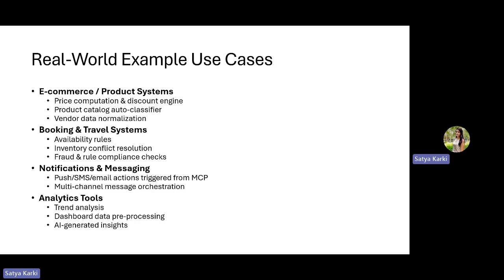Additionally, we can use it for multi-channel message orchestration. Additionally, we can use it for analytics tools that give trend analysis, dashboard data pre-processing, and AI-generated insights, and for those purposes also we can use the MCP. These are some more real-world use cases of the MCP. Use cases are not limited to this; we can use it in several other cases as well.